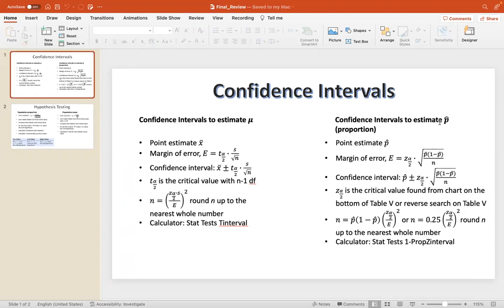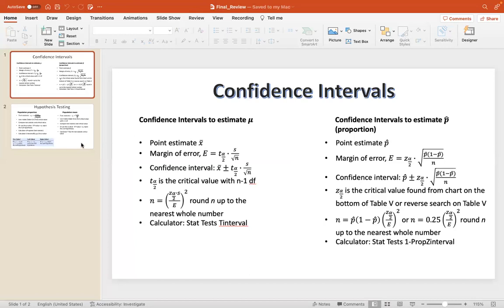This one over here shows confidence intervals to estimate p hat or proportion, and it shows you all of the different things to use. And it all keeps it in one nice, pretty package here.